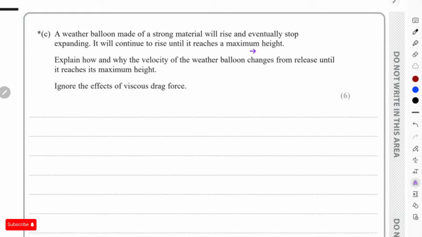As your balloon continues to rise, obviously your weight doesn't change, but your upthrust decreases, and at some point, even if the forces are balanced, the object would still be moving with constant velocity. But here it says that it continues to rise until it reaches a maximum height where it eventually comes to rest.